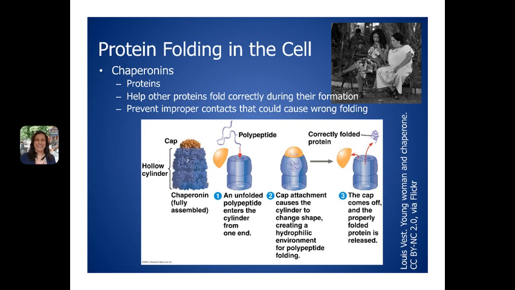And these proteins are called chaperonins. So chaperonins are proteins themselves, and their function is to help other proteins fold correctly. They basically protect the newly made proteins from making improper contacts with their environment that could cause them to fold incorrectly, so that the correct contacts are made and the protein is folded just the right way.